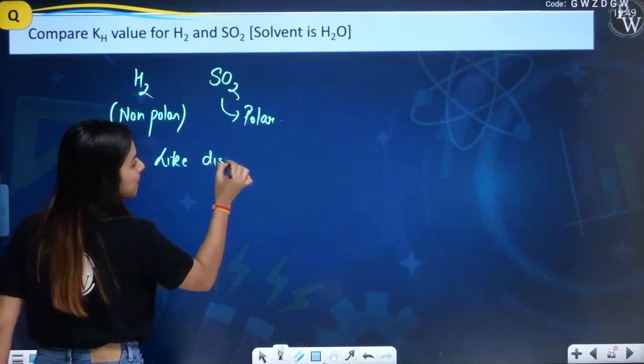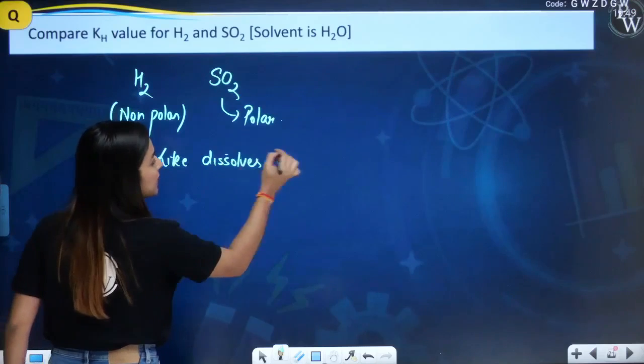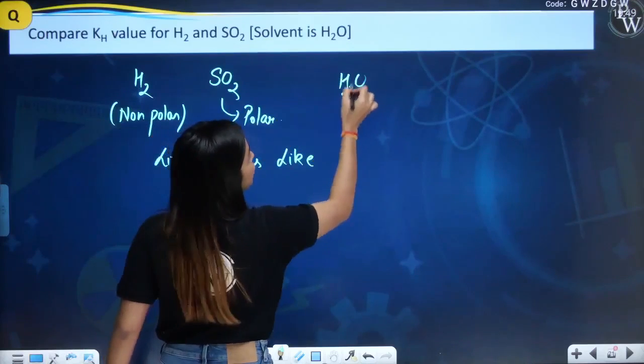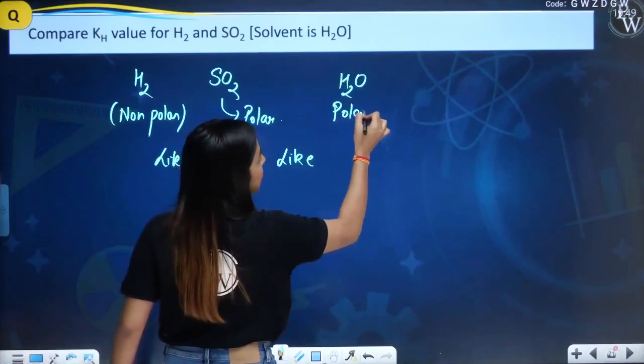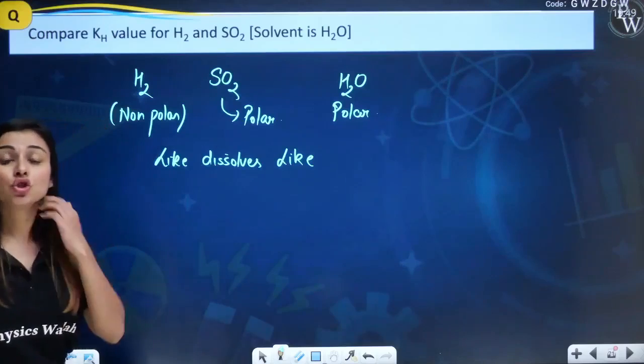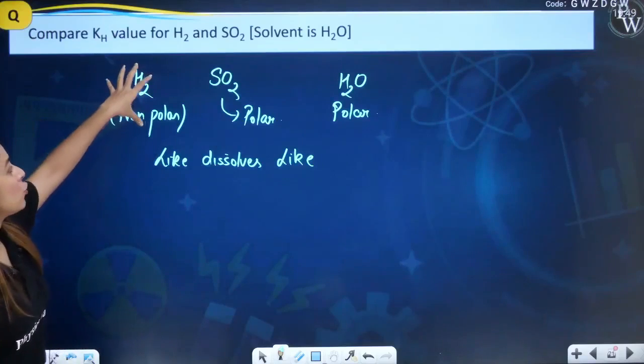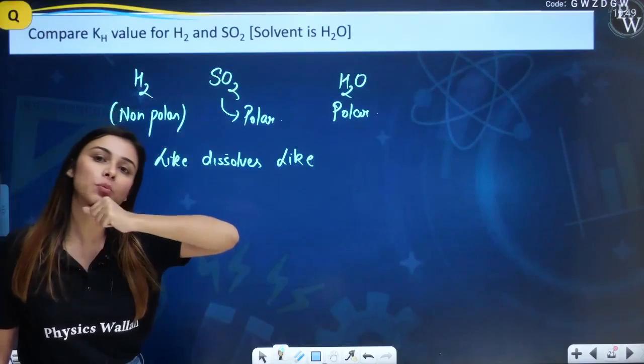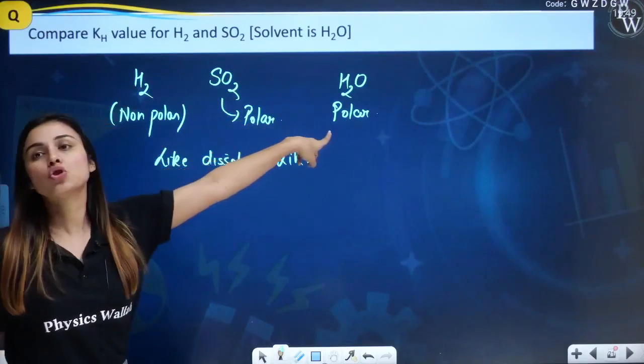I also know that like dissolves like. And I know that water, which is my solvent, is polar. So if I see out of H2 and SO2, which gas will be more soluble? SO2 will be more soluble in water.